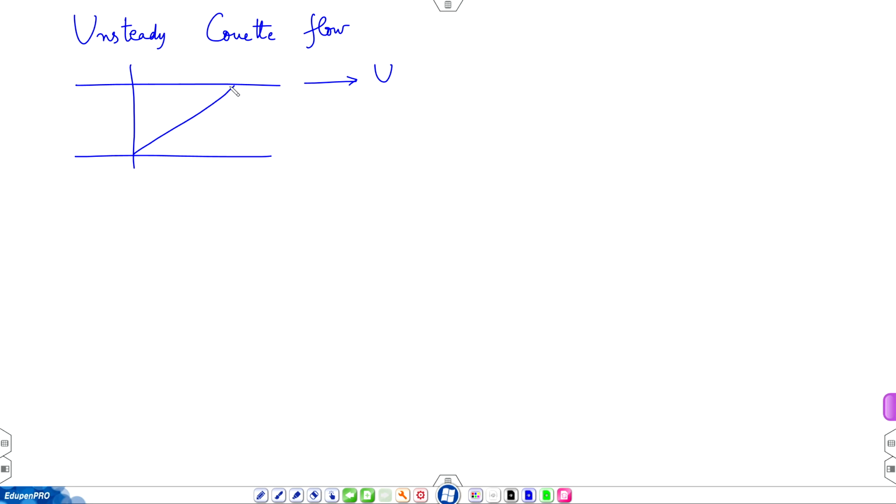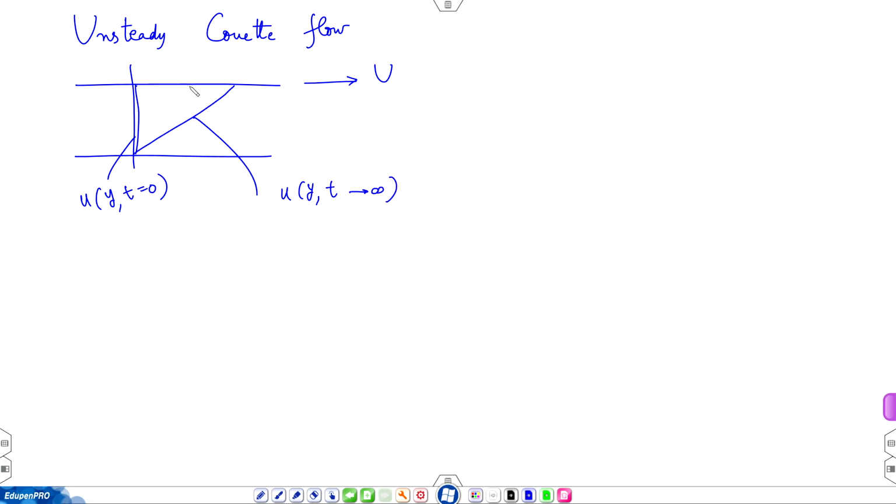So, think of a problem where the fluid is initially stationary and then suddenly you move the top surface. So, it is going to take some time to attain this distribution. So, initially velocity is 0. So, this is velocity at time t equal to 0 and this is velocity as time t approaches infinity.